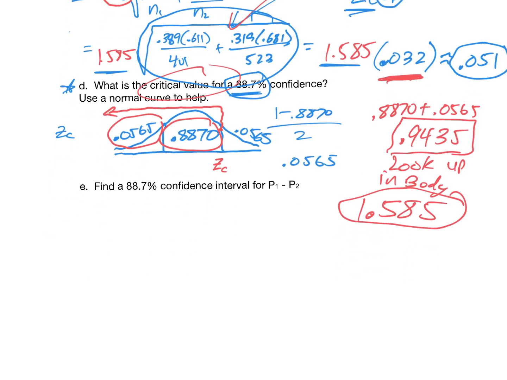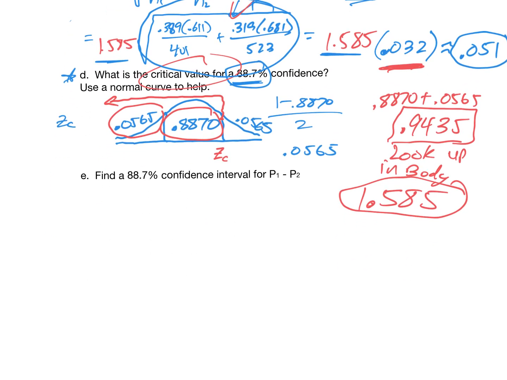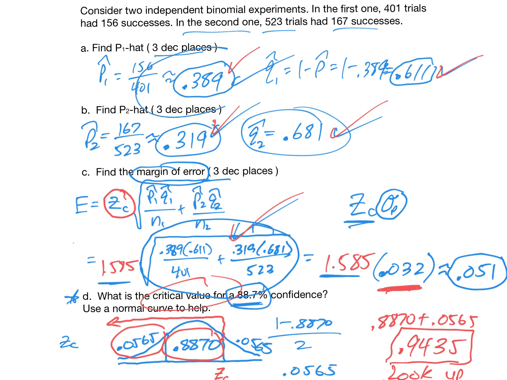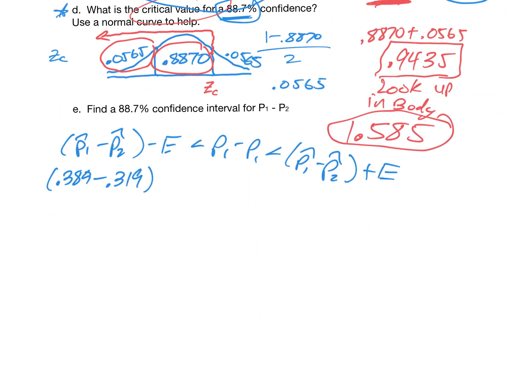And now finishing up our confidence interval should be very straightforward. The formula is P1 hat take away P2 hat minus the E we just found. Our proportion is going to be in between that P1 hat minus P2 hat plus the E we just found. So remember, this was the 0.389 take away the 0.319. Remember your original P hat 1 and 2.